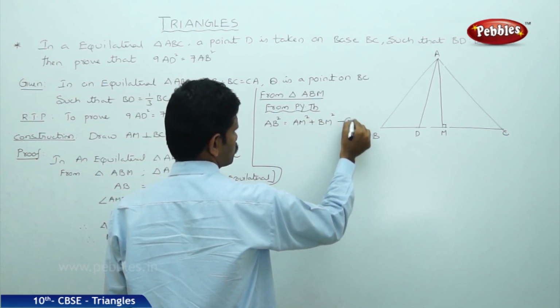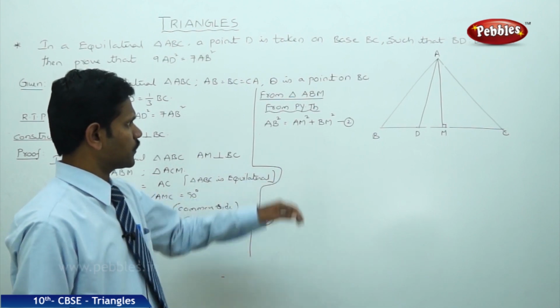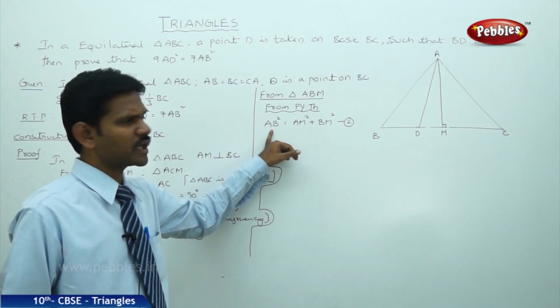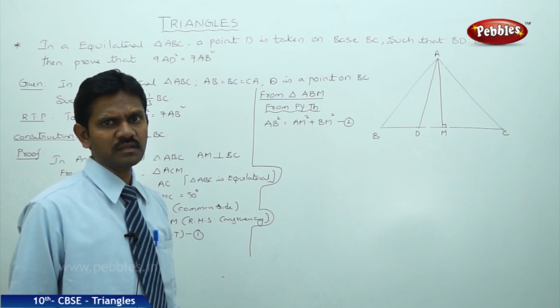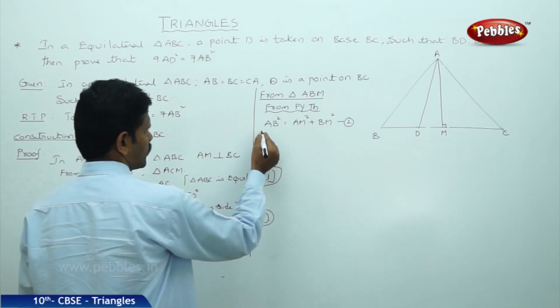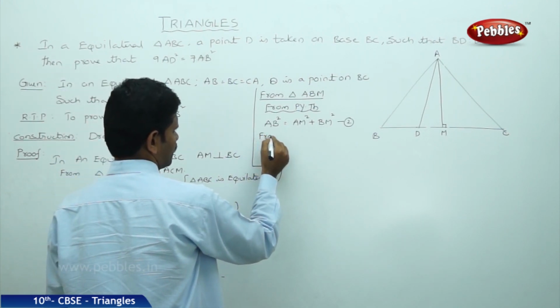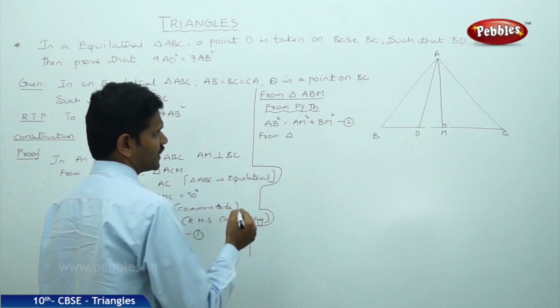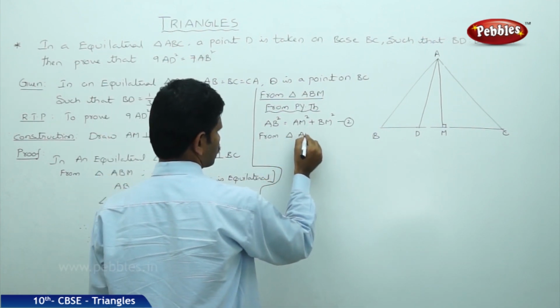This is equation 2. Now, let us consider another triangle, triangle ADM.